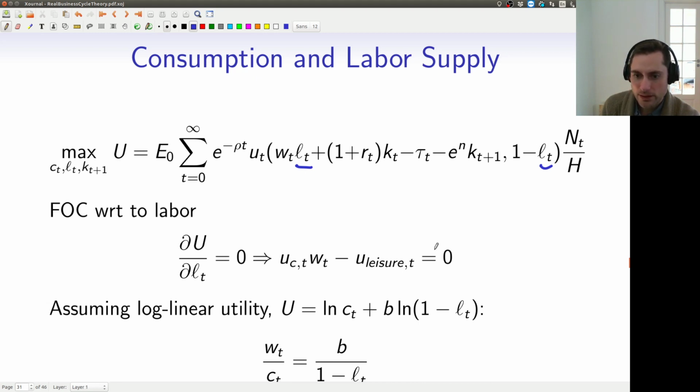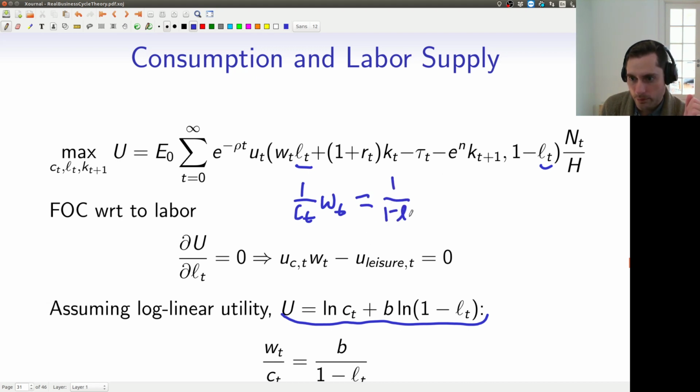So set those two guys equal to 0, and then using our log utility, we can just derive 1/C_t times W_t is equal to B/(1 − L_t).